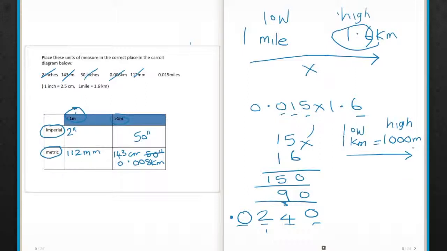I'm going up to the high number, so I times, and I'm timesing by 1,000. So here we are. 1, 2, 3. Right is higher. Timesing goes to the right, dividing goes to the left. And I end up with 24 metres.